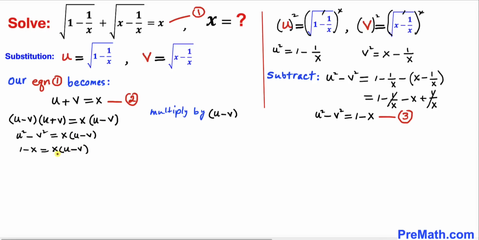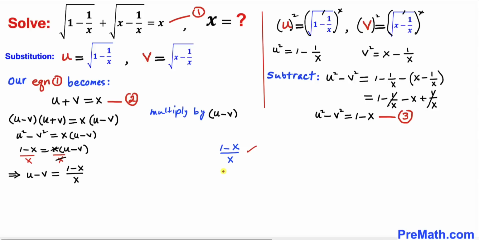Now let's divide both sides by x to isolate u minus v. Therefore this x and x are gone, so we ended up with u minus v equals 1 minus x divided by x. Now let's focus on this part, which I have copied down over here.